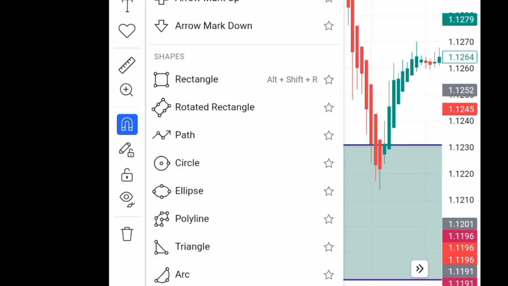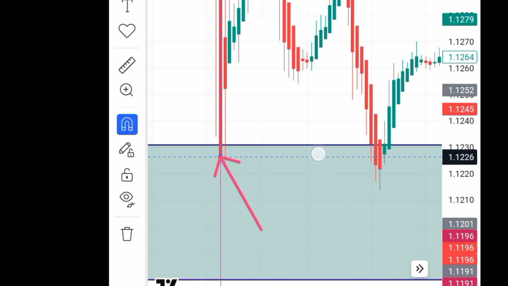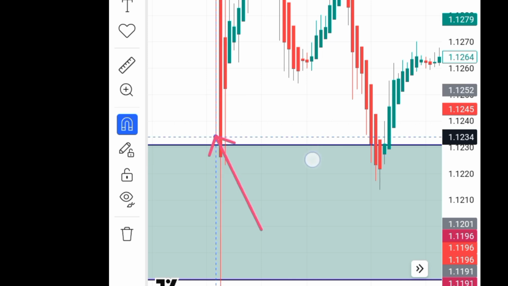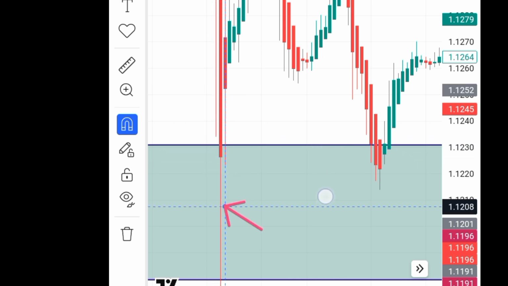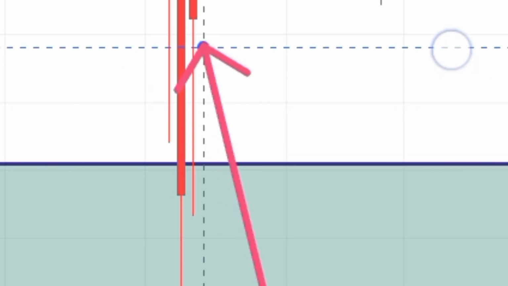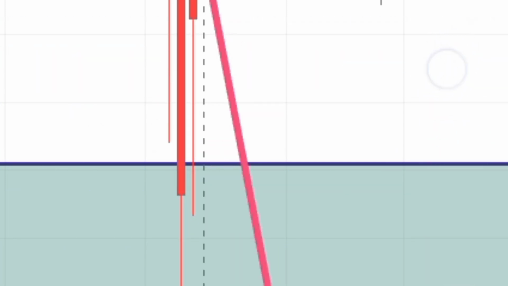As this market came into this zone, it came in with this bearish candle. We are expecting a bullish candle out from this zone. But what happened is that the market came in with a bearish candle and it wicks. You can see the wick from this zone with this candle. We don't want that.